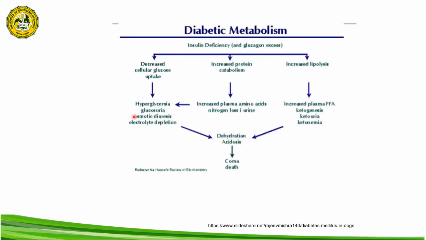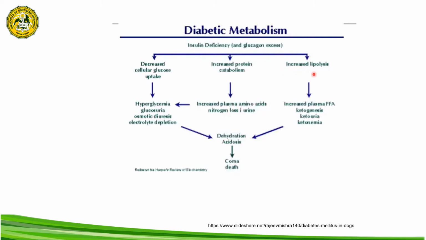There will also be electrolyte depletion, because in diabetic patients, potassium and sodium would normally be excreted through osmotic diuresis. For increased protein catabolism, increased protein catabolism will increase the plasma amino acid, and the nitrogen loss in the urine would also be increased.